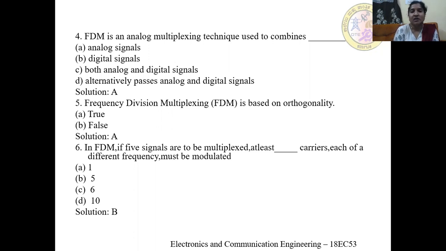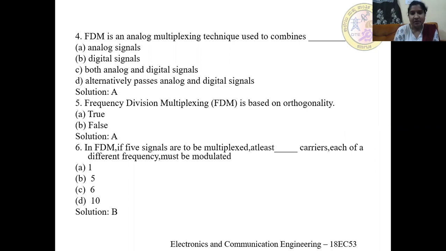FDM is an analog multiplexing technique used to combine analog signals, digital signals, both analog and digital signals, or alternatively passes analog and digital signals. So the answer for this question is A, analog signals. Next, fifth question. Frequency division multiplexing is based on orthogonality. Is it true or false? The solution for this is option A, true.